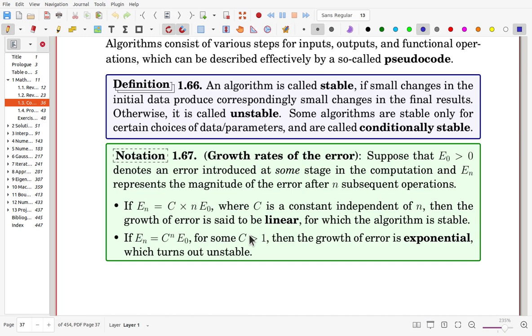In some cases, the initial error is multiplied by a number larger than 1, so that eventually in the nth step the error is exponentially increasing. In this case, the growth of error is exponential, and the algorithm is unstable.